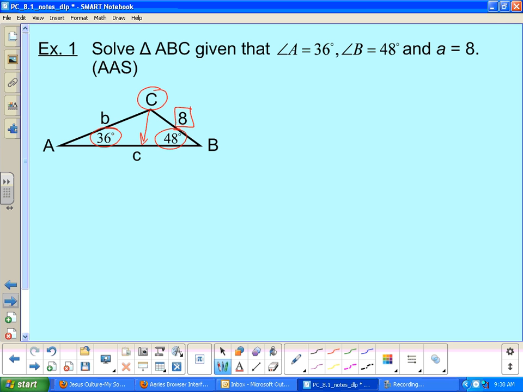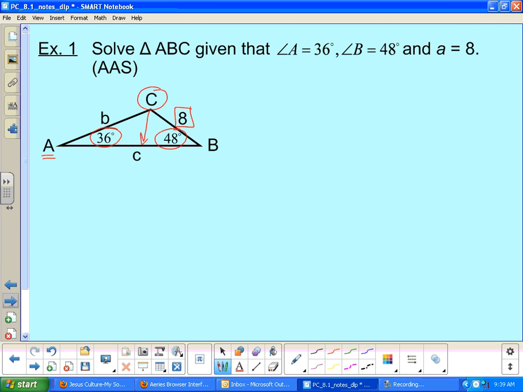So C is across from C, B is across from B, A is across from A. But it wouldn't have mattered if I called that one B or C. That's not a big deal. These triangles are probably not drawn to scale, nor in proportion, so 36 degrees and 48 degrees might not look like they're really 36 and 48. Go by the numbers that I'm giving you.